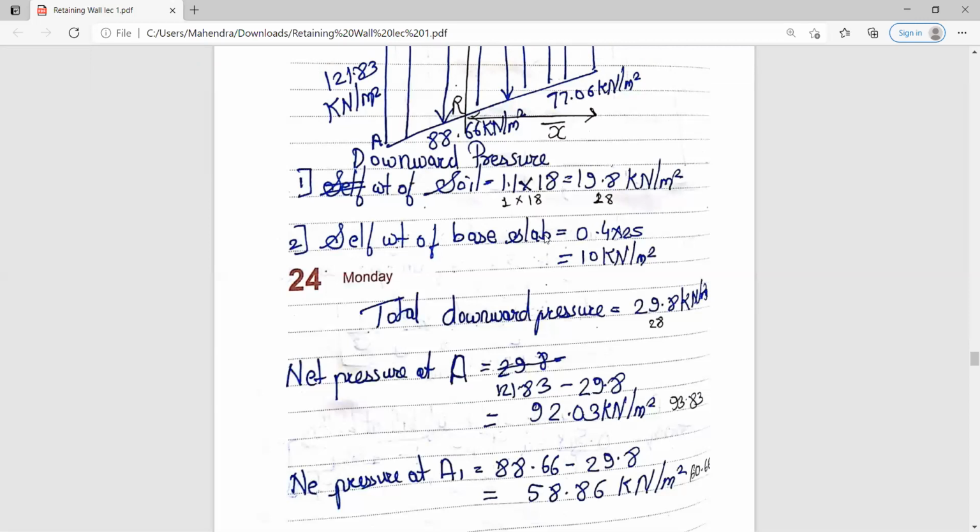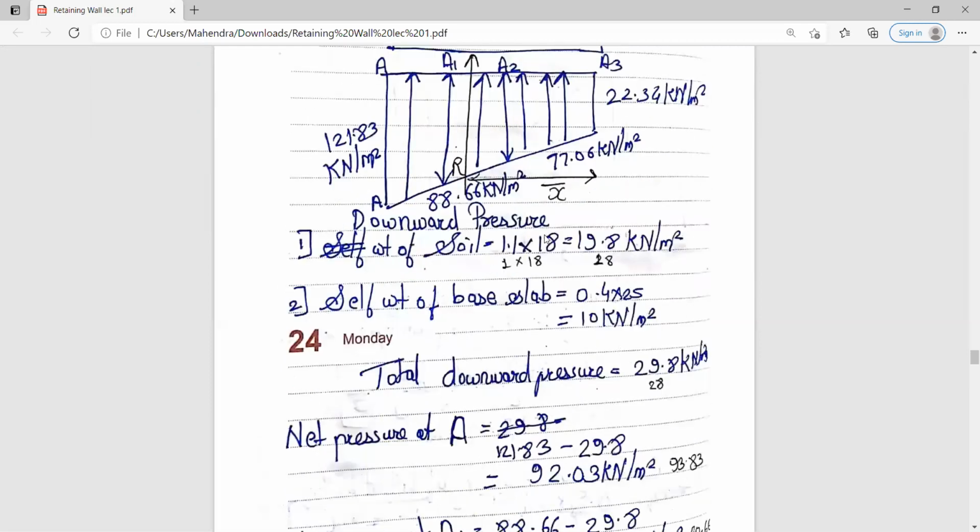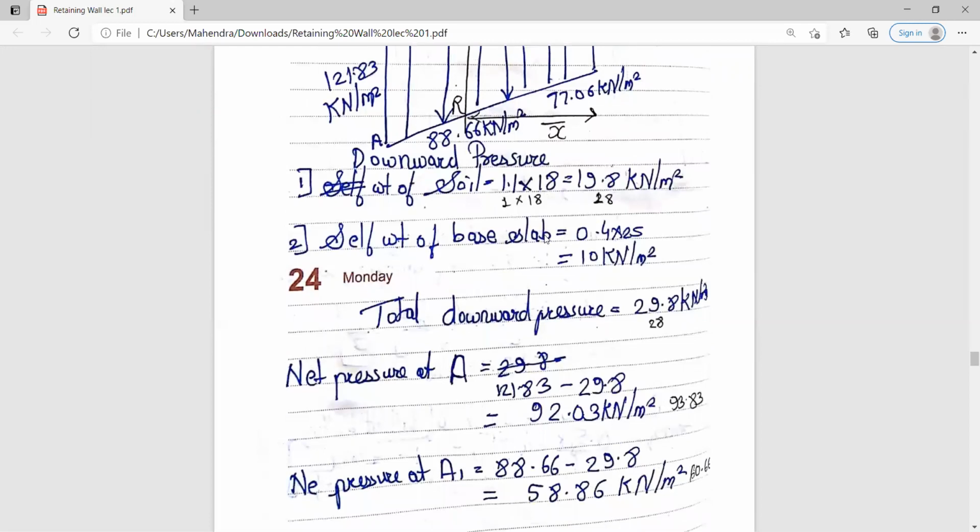Then see the diagram. In the diagram, you are going to calculate the net pressure at first of all at point A. So net pressure at A calculate करने के लिए आपको क्या करना पड़ेगा? You have to deduct the downward pressure from the total pressure, that is P1.